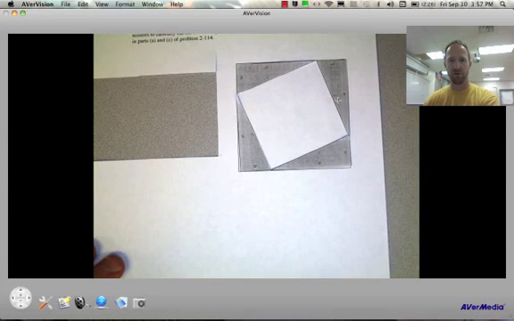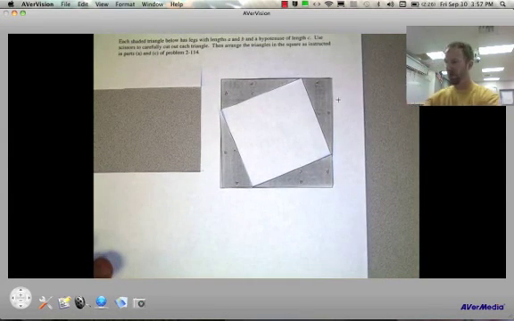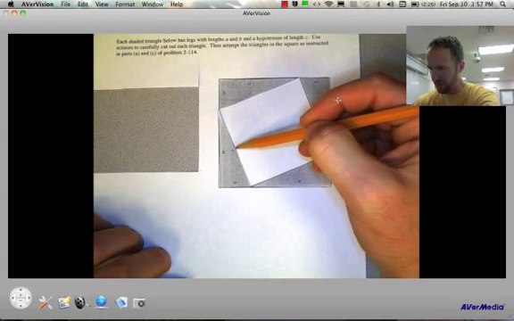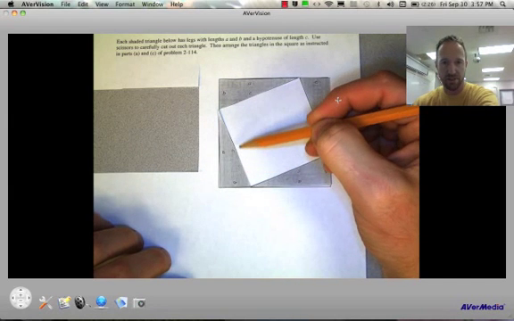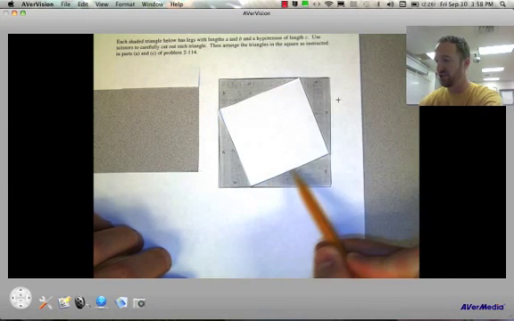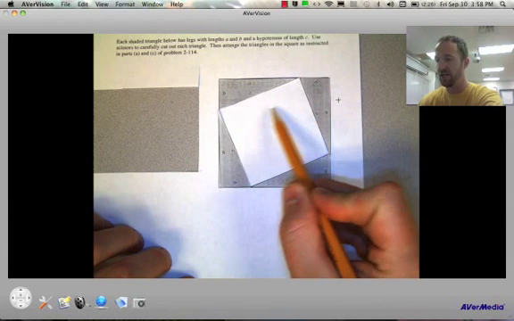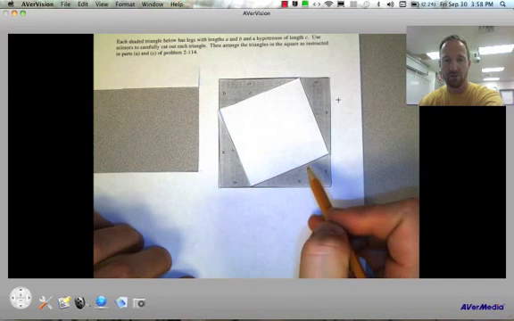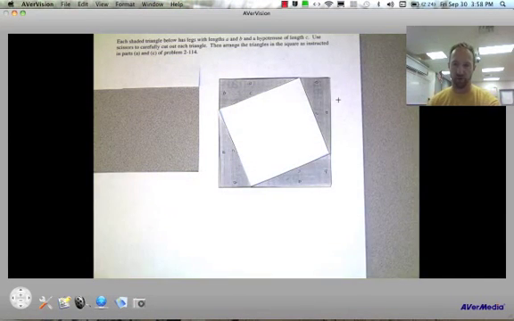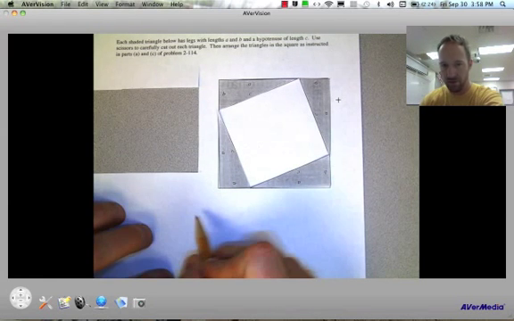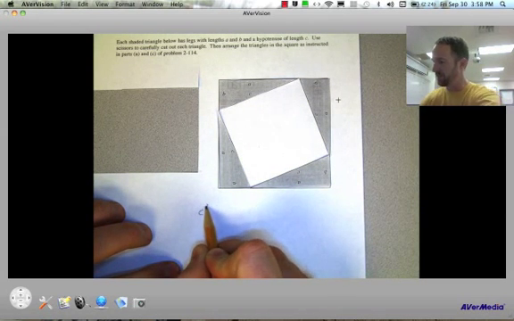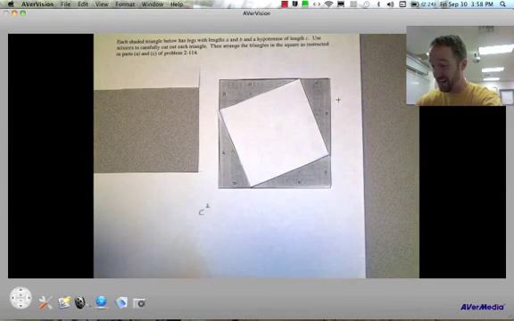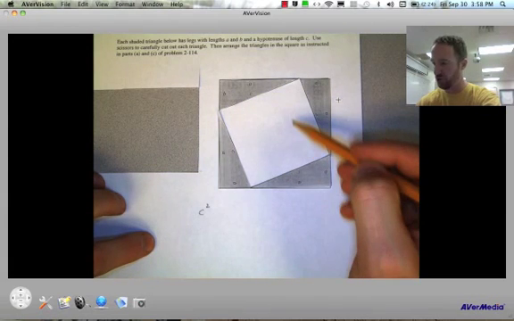So we've got our four triangles in there, and we've got a square on the inside, and the length of this side here is c, and the length of this side is also c. So that means the area of this square is c times c, and c times c is c squared. Now I'm going to make a little note of that here. That's the area of this blank square in here.